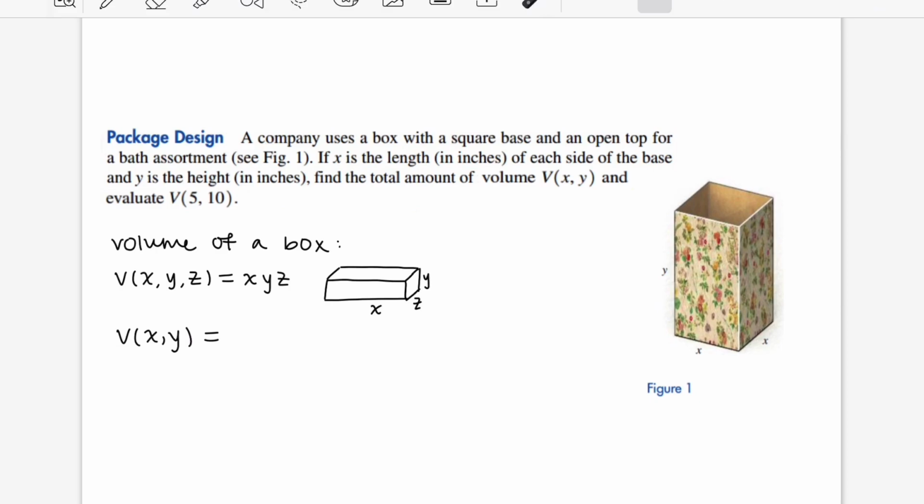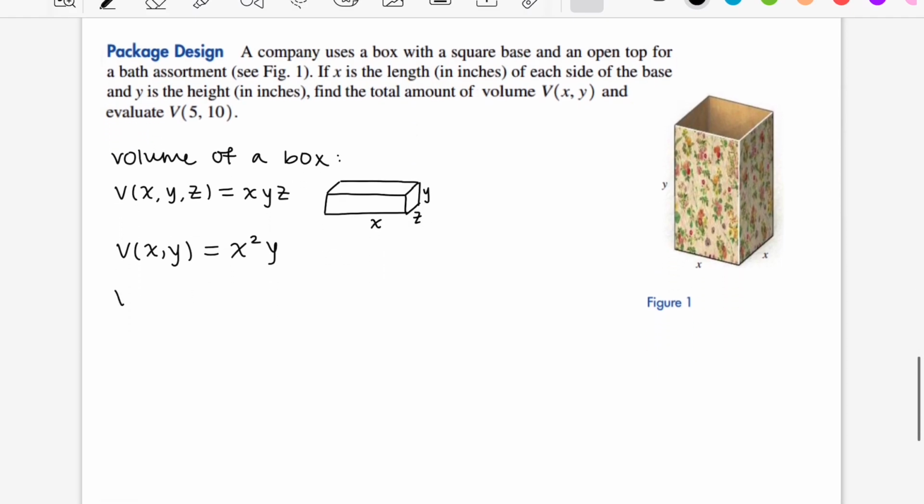And we can think about this in this case as x and z being equal. So we still have to multiply the length times the width times the height. So this will be x times x, so we'll get x squared times y here. So that'll be our equation for the volume of this guy.